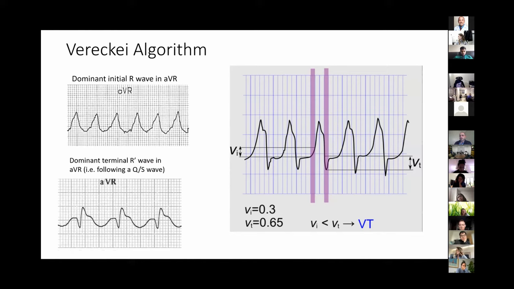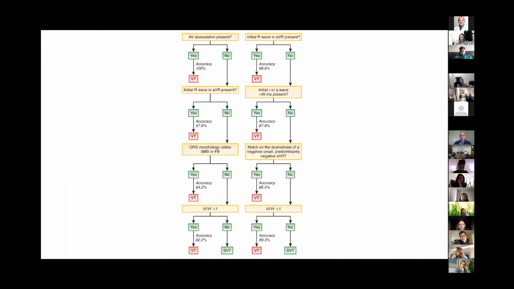And you can look up this other paper with a similar concept, where they examined some patients, empirically got the cutoffs, and reported this algorithm. That's essentially the Verify algorithm, which is based on the presence of an R wave in aVR as your starting point. So that's always a good place to look.